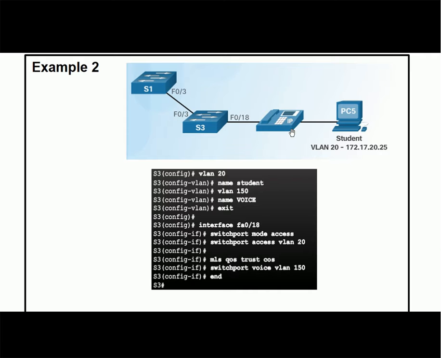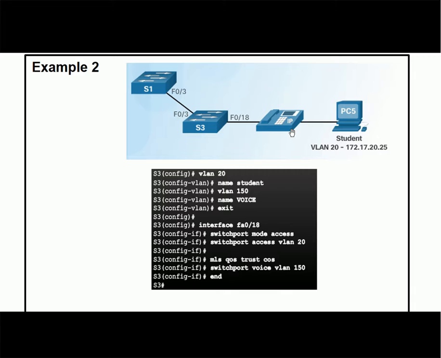Always best practice whenever we are configuring VLANs in a network that is going to carry both voice and data, it is recommended that we separate traffic into two different VLANs. You will notice that Cisco always uses the number 150 for voice.